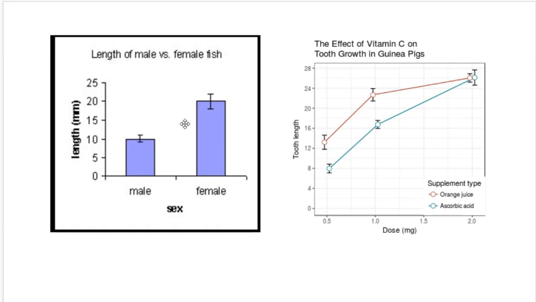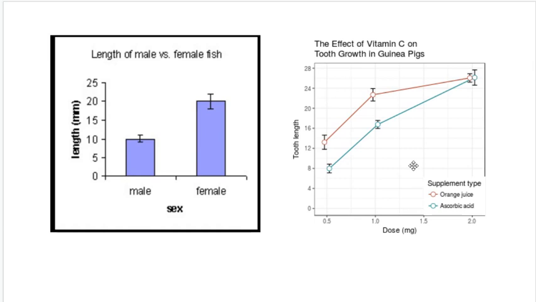So if you have a 15 millimeter fish, it must be a female, right? There were no male fish that were 15 millimeters. So we don't have any overlap in our error bars, which means these two groups are statistically significantly different. So males and females, by the math, have different lengths, right? Does that make sense? Okay.